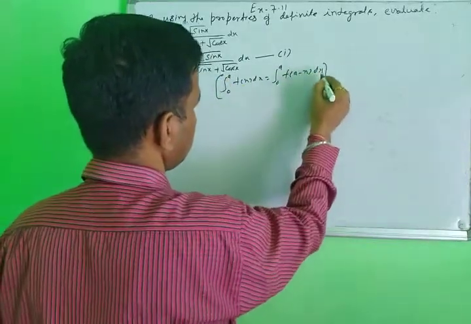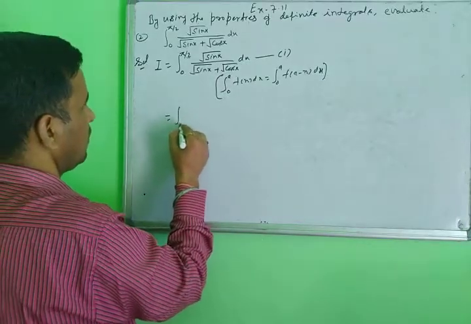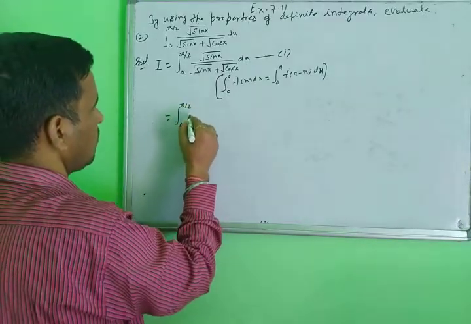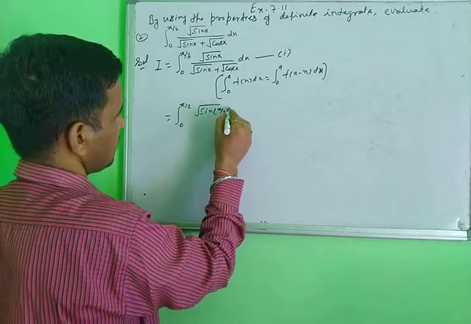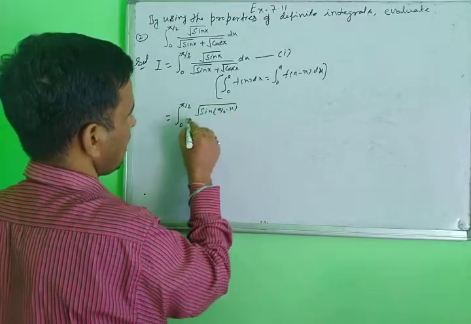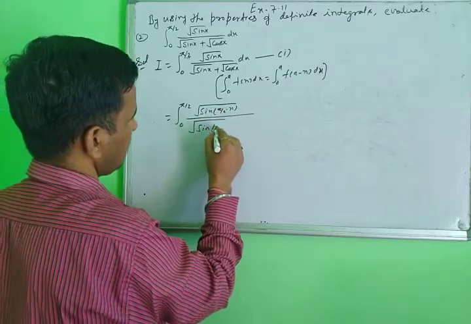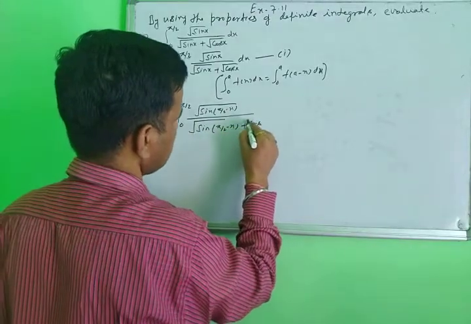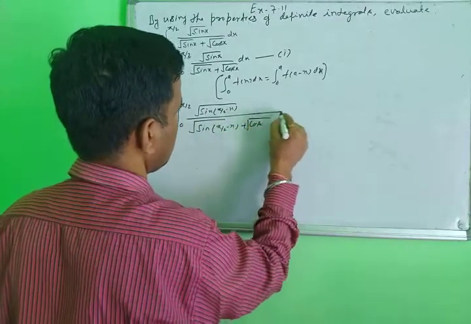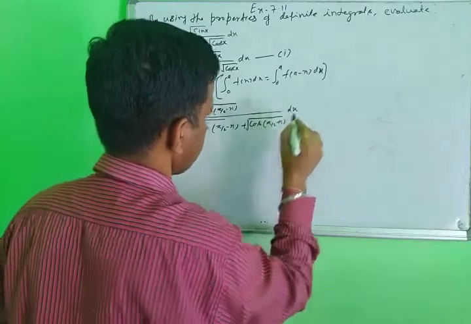Using this property, now the integral from 0 to pi by 2 of root sin (pi by 2 minus x) upon root sin (pi by 2 minus x) plus root cos (pi by 2 minus x) dx.